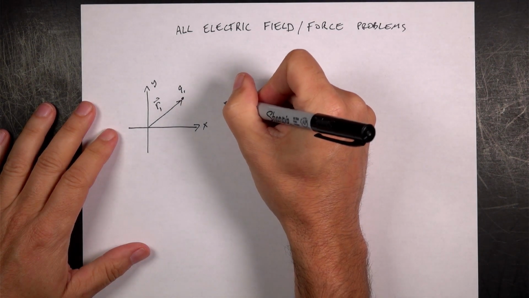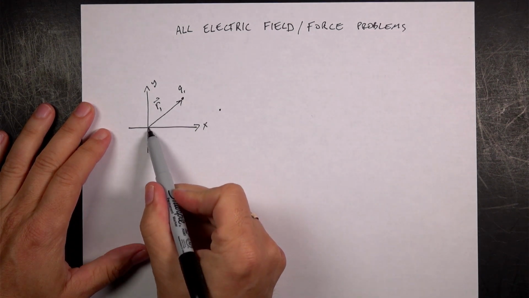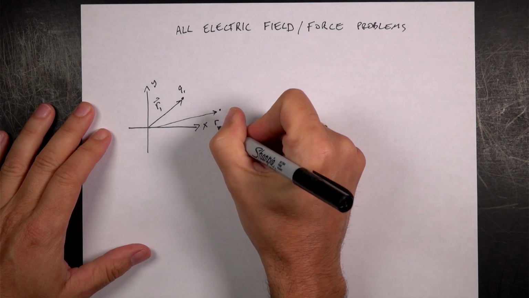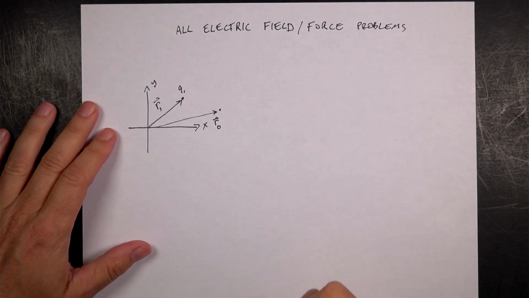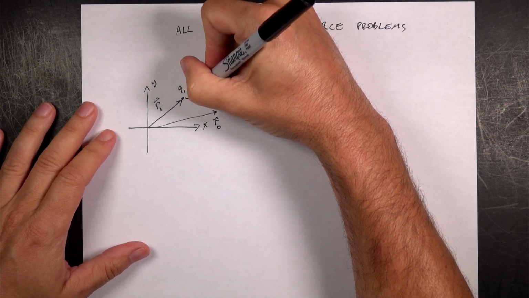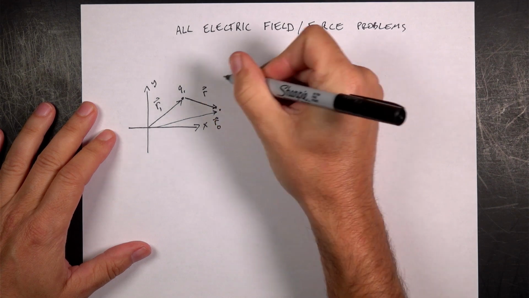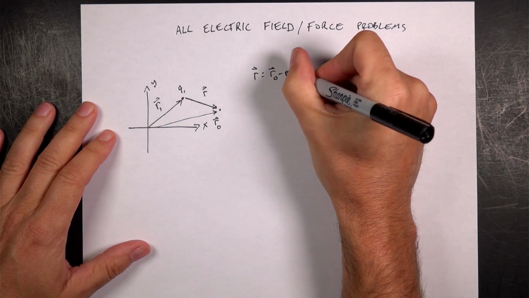Then I want to find the electric field right here, at R_O for observation location. I can find the electric field at that location by finding this vector R, where R is R_O minus R1, right?